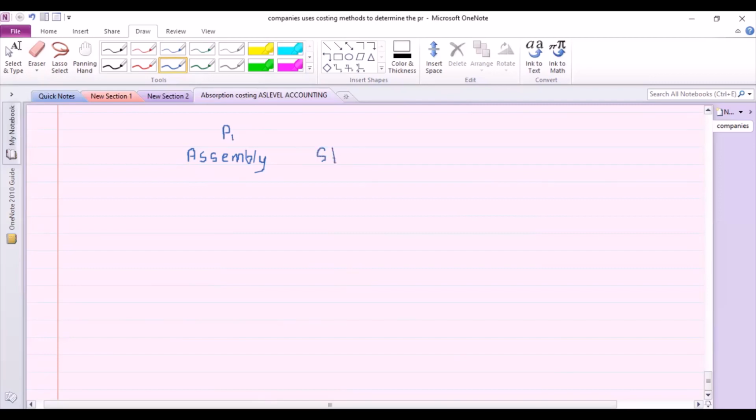Stitching, this is our P2. Production departments. In both these departments, production is going on. Okay, so S1 is canteen. And S2 is repair.